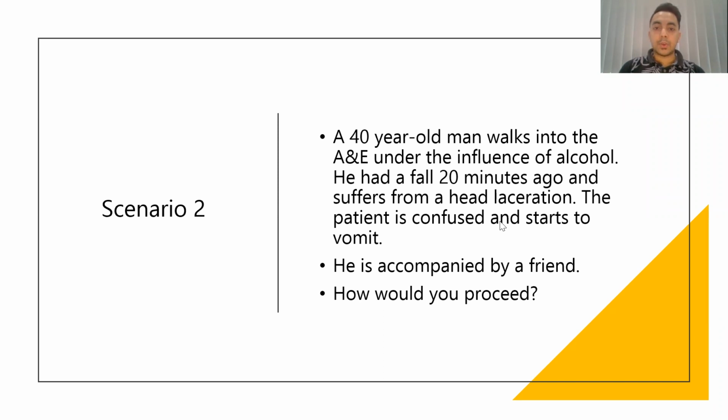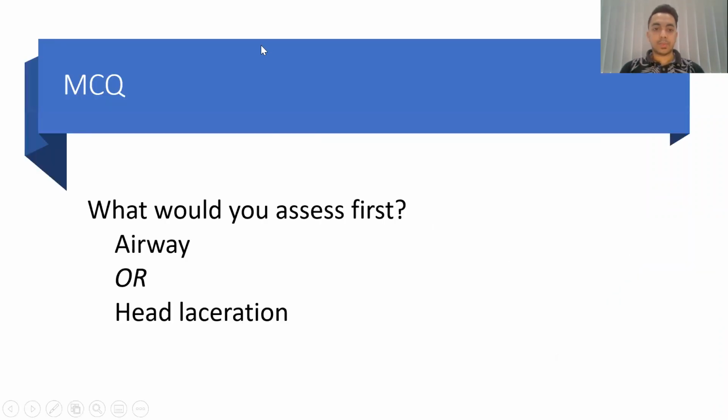Okay, so what you want to do is just follow through with this. What is the first thing you would want to assess in this case? Is it the airway or the head laceration? Any takers? Right, airway, that's correct.